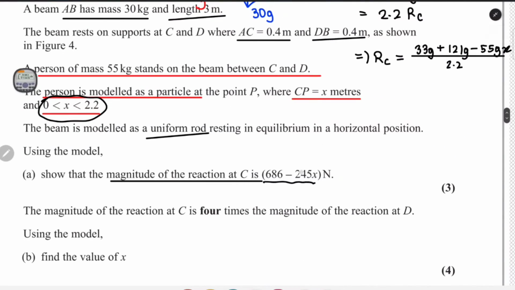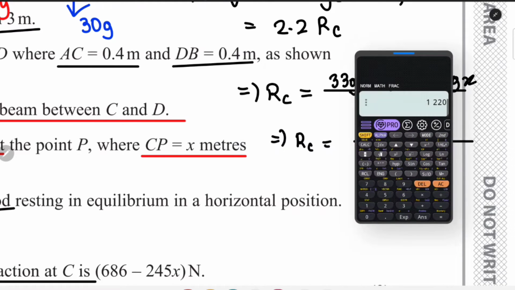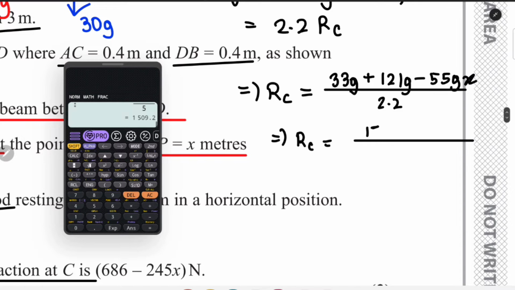Since this expression doesn't have g in it, we'll break it down. So reaction C equals 33 into 9.8 plus 121 into 9.8, so we can just add them together into 9.8, which is 1509.2, minus 55 into 9.8, which is 539x, divided by 2.2.